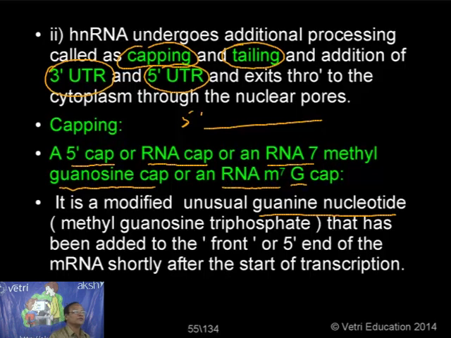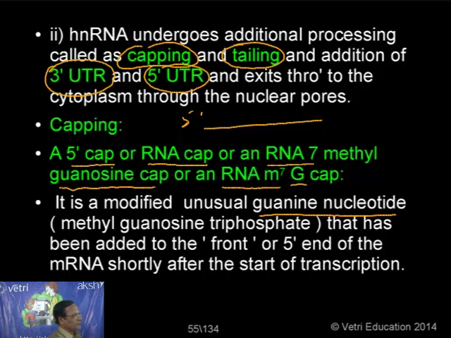This is entirely different from the normal guanosine, the nucleoside or nucleotide. So it is a modified unusual guanine nucleotide that has been added, as I mentioned, at the free 5' end of the nascent mRNA that is being formed.